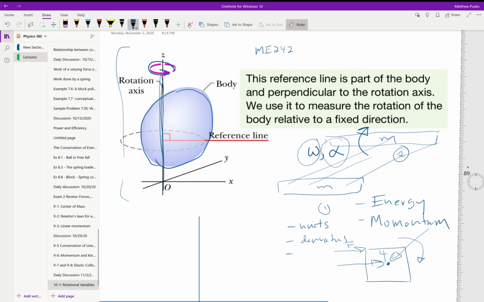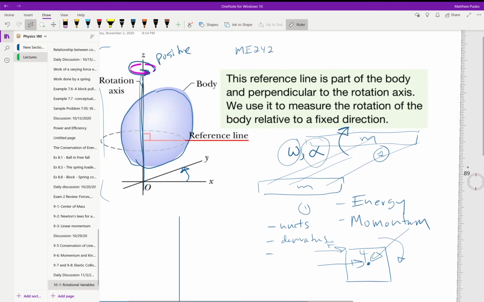Notice this arrow, and this would be considered a positive rotation. So if we go from x up towards noon, or towards the y-axis, that is a positive rotation.